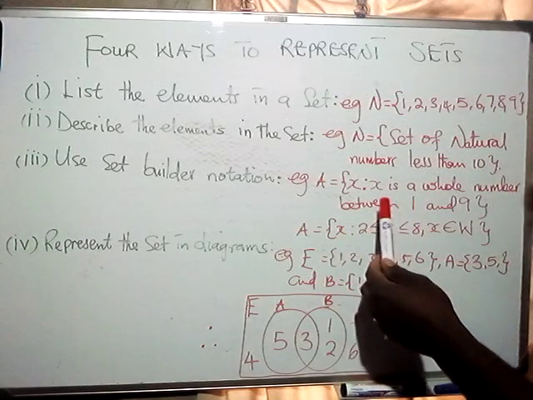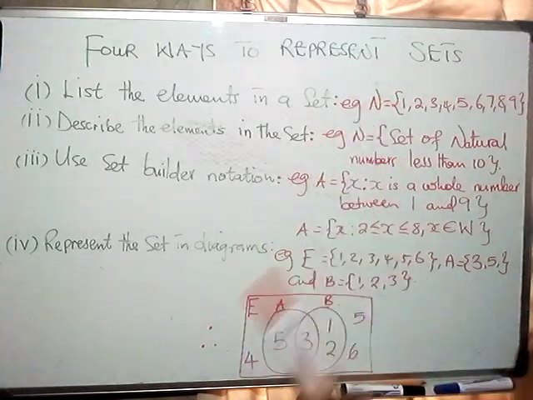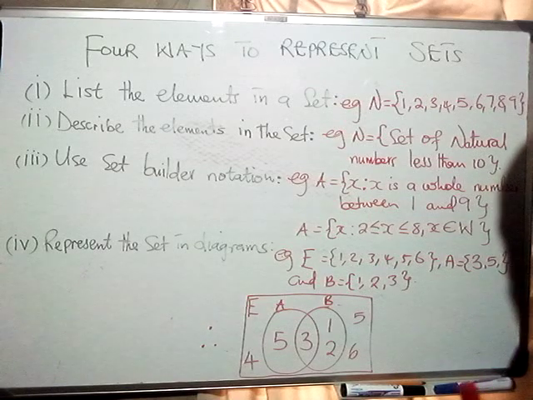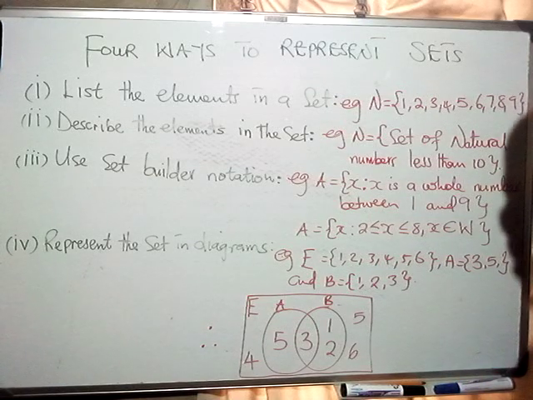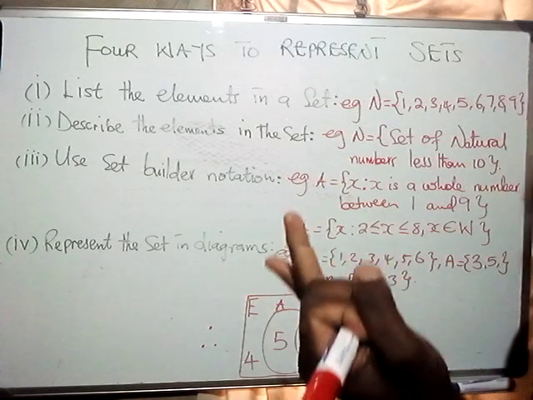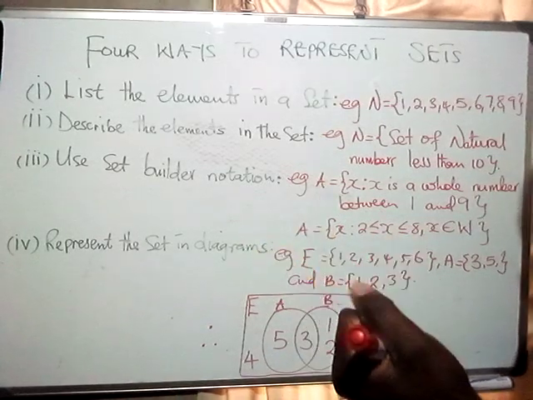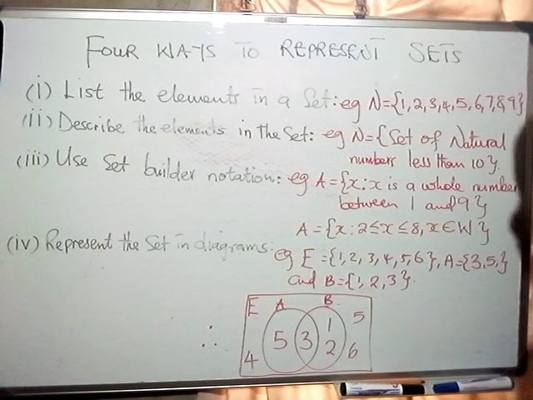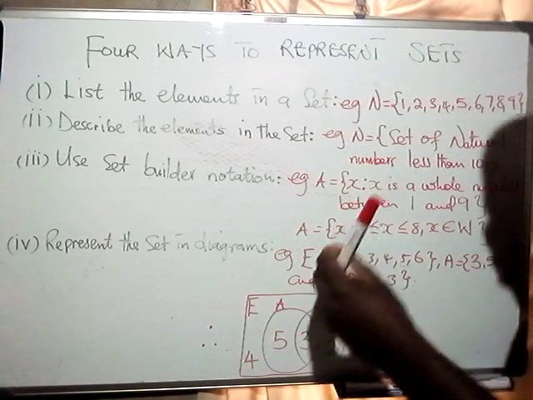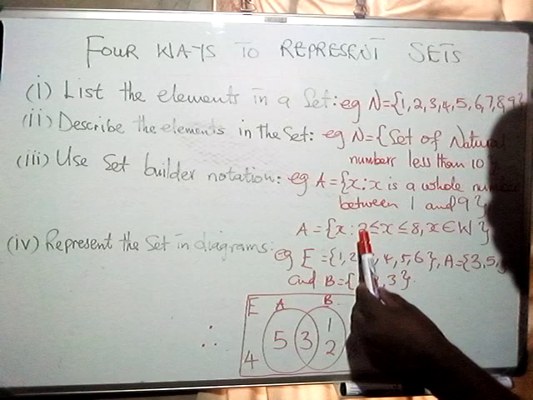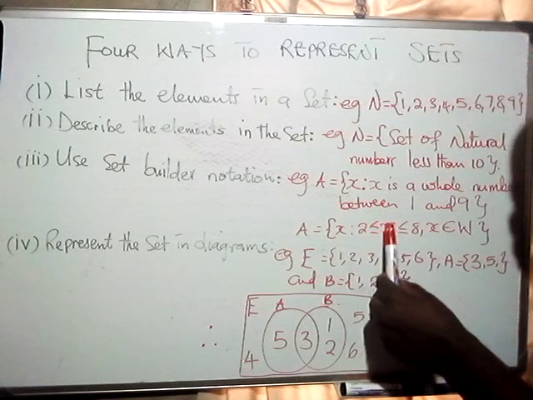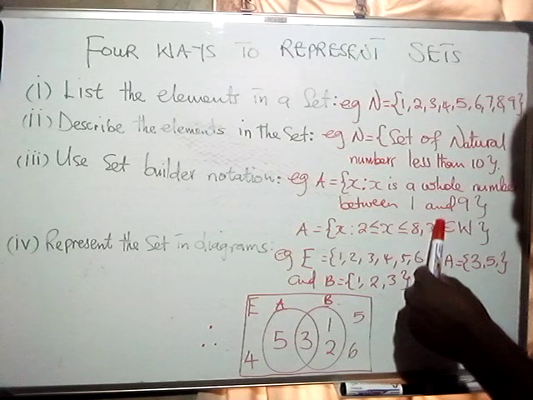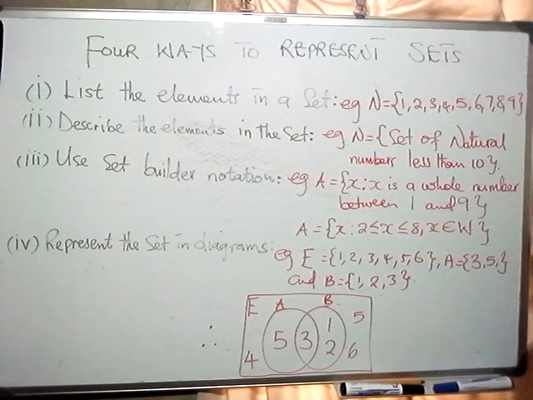So we're going to look for the numbers which are between 1 and 9 and are whole numbers: 2, 3, 4, 5, 6, 7 and 8. Those are the numbers. So we have put it now in set notation, we write it as x such that 2 is less than or equal to x less than or equal to 8, where x is a member of whole numbers.